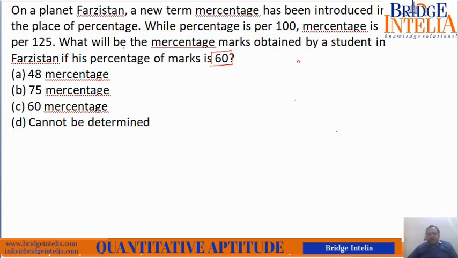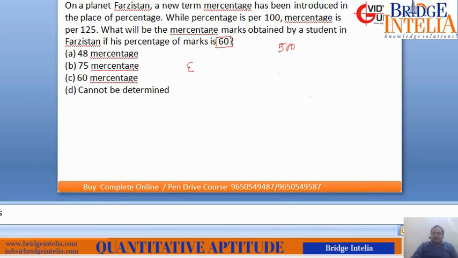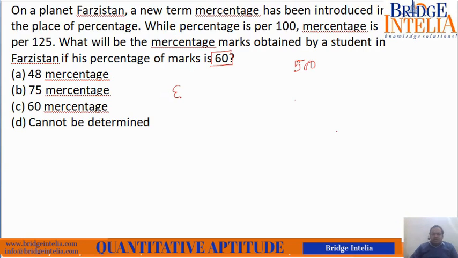Now there are two ways to solve this question. Now think of a number which is divisible by both 100 and 125. So 500 for example. So let's think in terms of Earth's mathematics and the mathematics of this new planet.